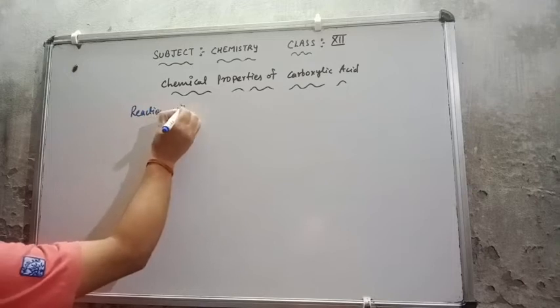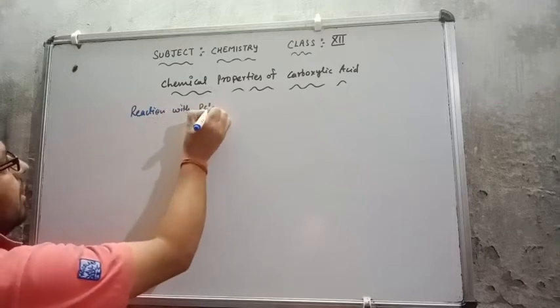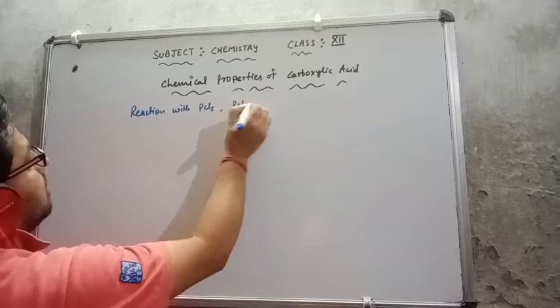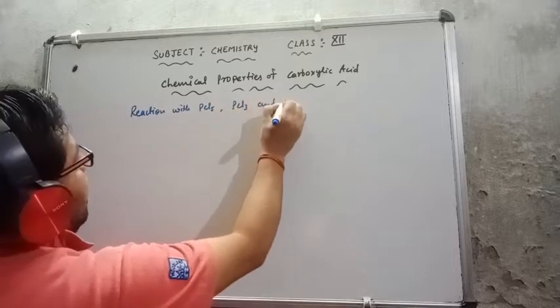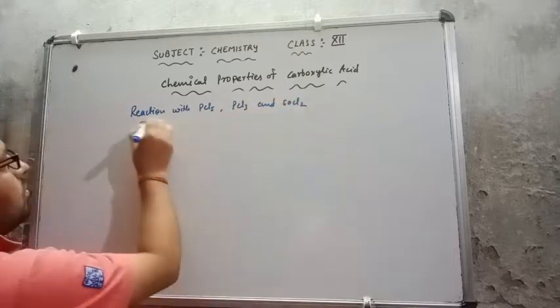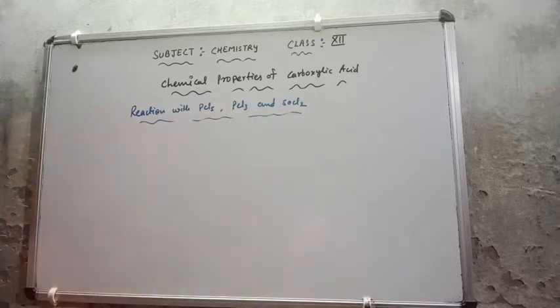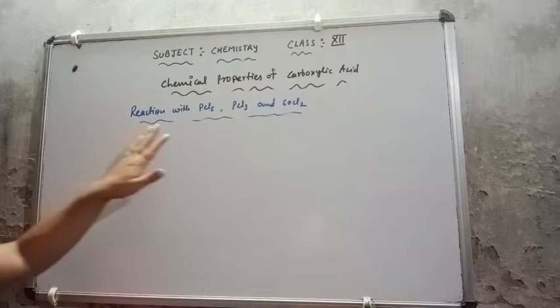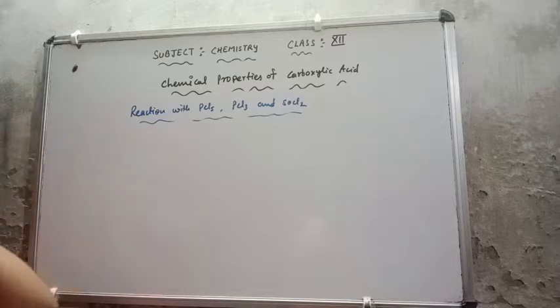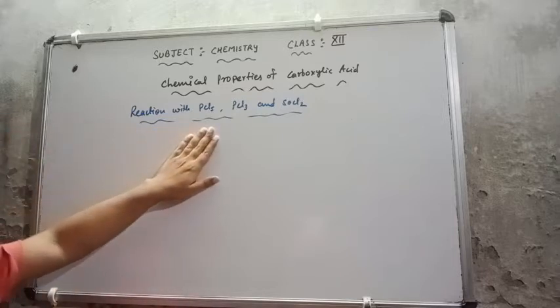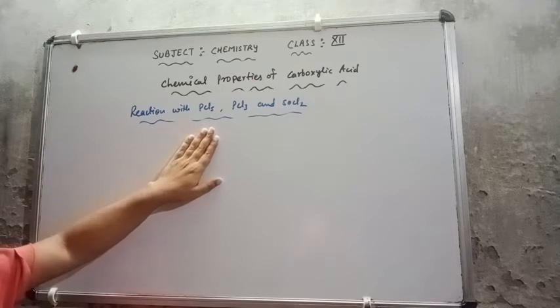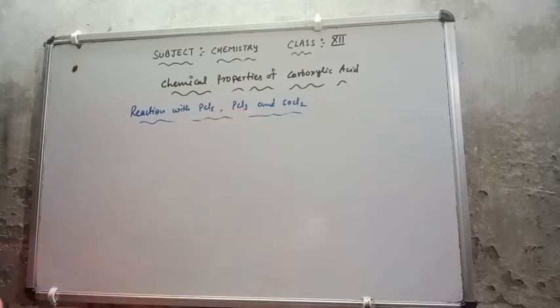Whenever the carboxylic acid reacts with these, we get the same major product, but the minor product will be different. Let's see how we get the same major product.